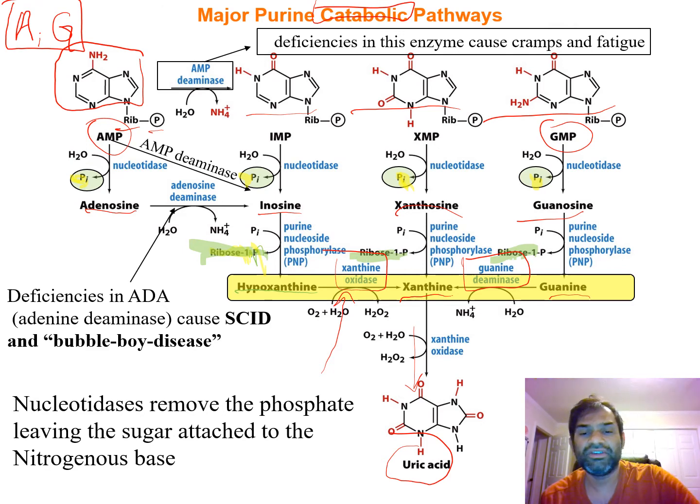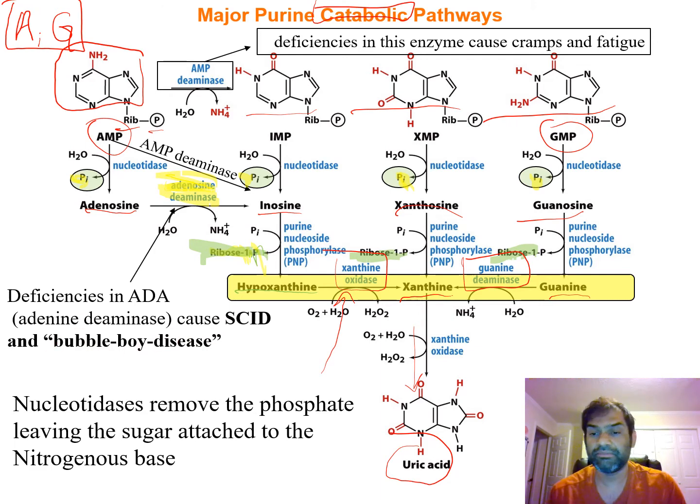I want to also give you some brief background on this particular enzyme here, adenosine deaminase. Mutations in that enzyme are associated with the disease known as SCID, also known as bubble boy disease.